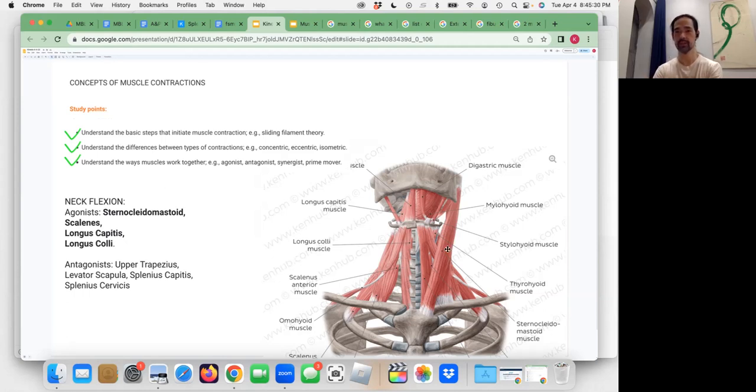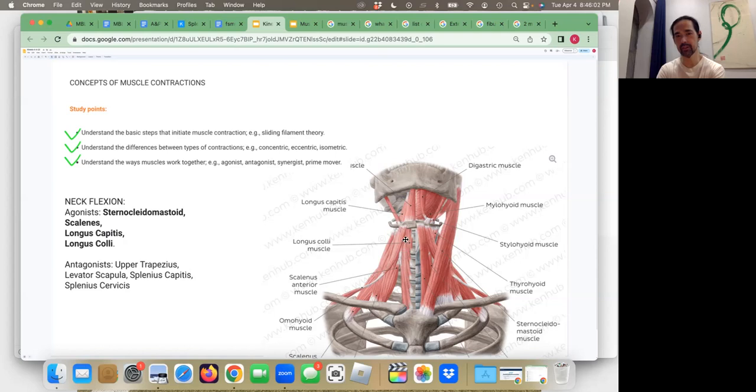Here's an abstract drawing of the muscles of the neck and the skeleton after all the top layers have been removed. You're seeing superficial muscles like the sternocleidomastoid and the scalene muscles, and some of the deeper muscles, which are the ones I really want to show you.